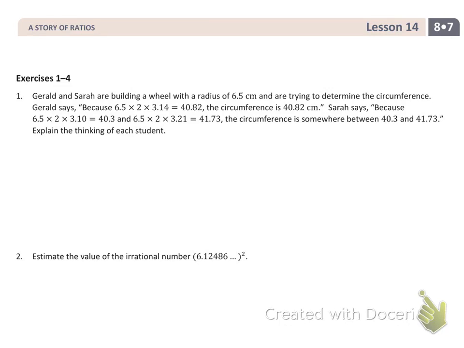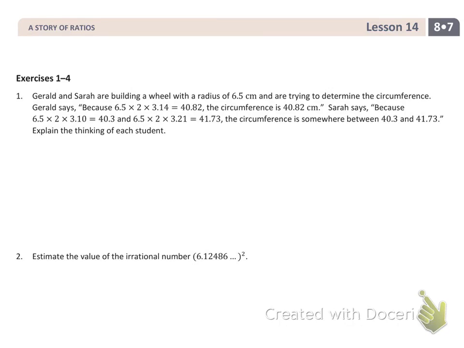Okay, Gerald and Sarah are building a wheel with a radius of 6.5 centimeters and are trying to determine the circumference. Gerald says because 6.5 times 2 times 3.14 is equal to 40.82, the circumference is 40.82 centimeters.